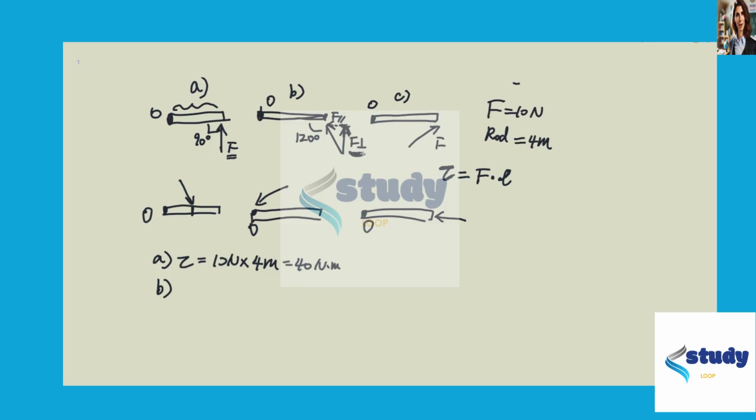We can find this component by using a little bit of geometry. This is 120 degrees, that means this is 60 degrees. So this equals F times sine 60 degrees. Sine 60 degrees, if you have a calculator, is square root 3 over 2, or around 0.86.